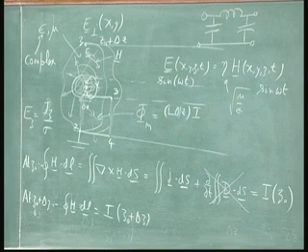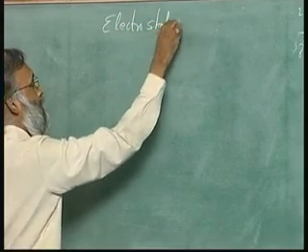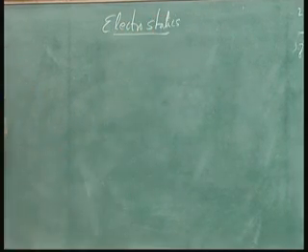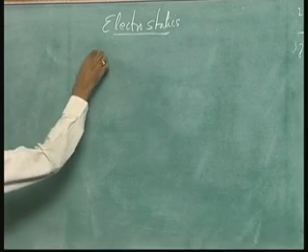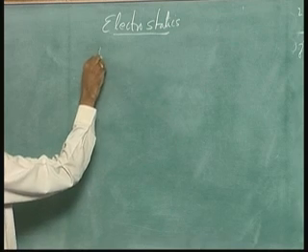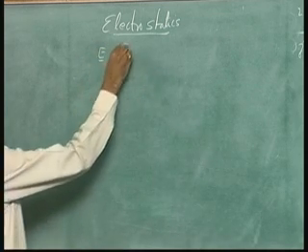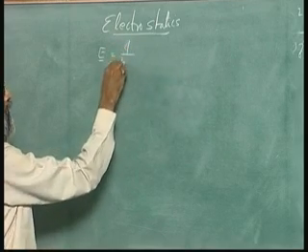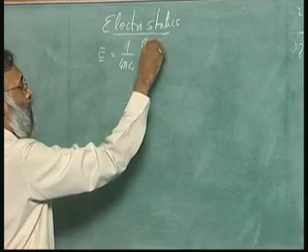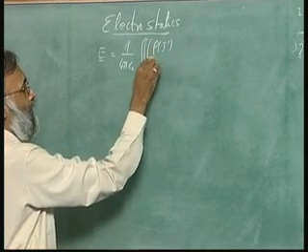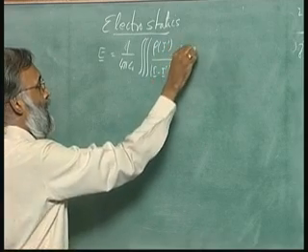As far as electrostatics is concerned, we adequately covered the first part, which is to establish that the electric field is coming out of charges. So 1 over 4 pi epsilon naught volume integral rho of r prime, r minus r prime cubed, into r minus r prime.